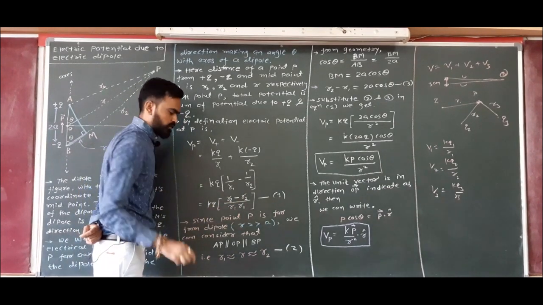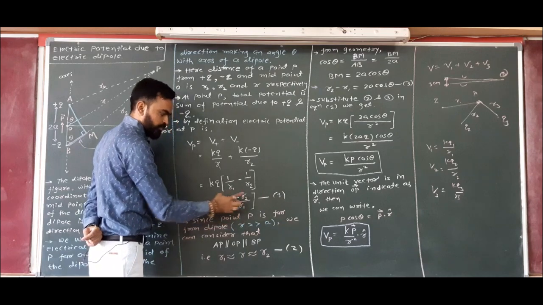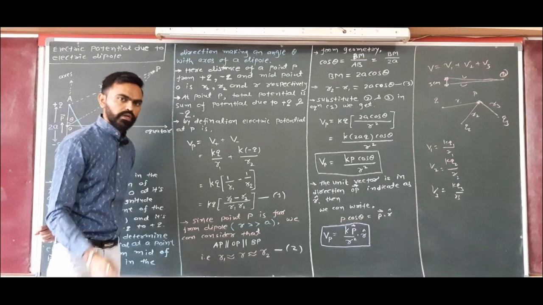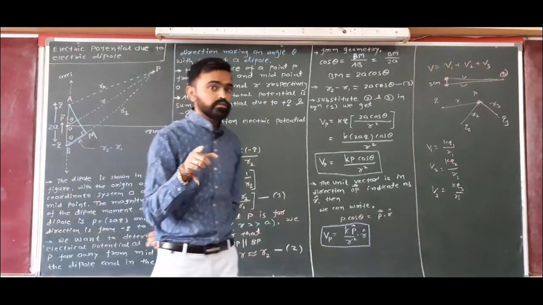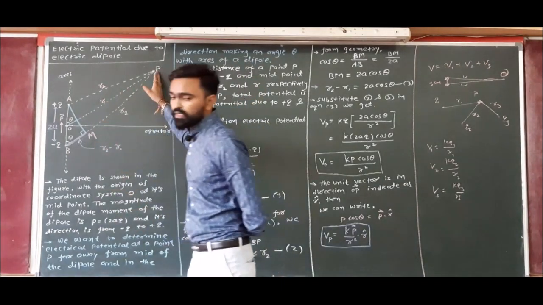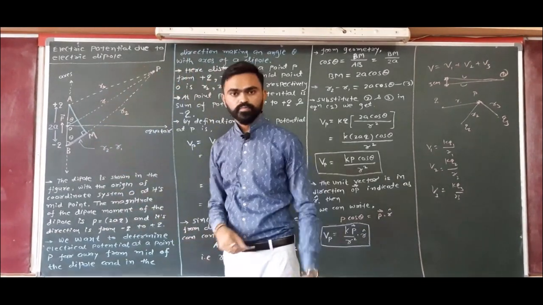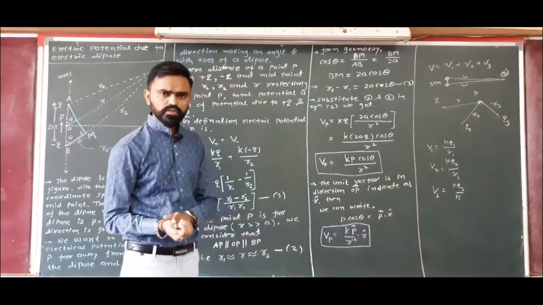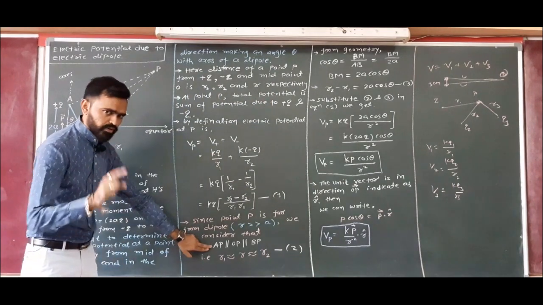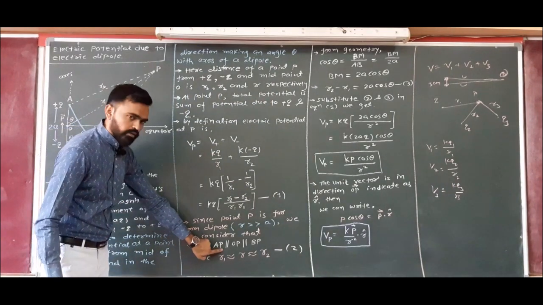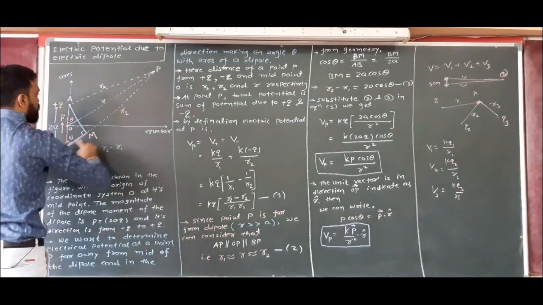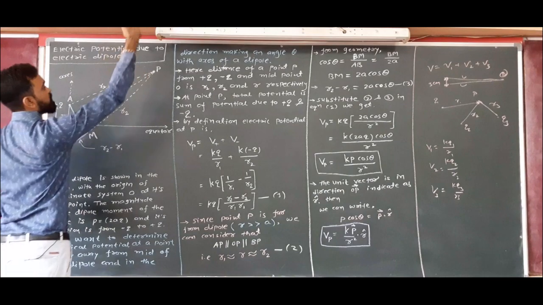Now I want to solve the things in the bracket: R2 minus R1 and R1 into R2. Now we solve this theory by taking the effect that this point P is at a large distance from the dipole. Got it? As we discussed, AP, OP and BP, these three lines can be parallel when P is at a large distance.